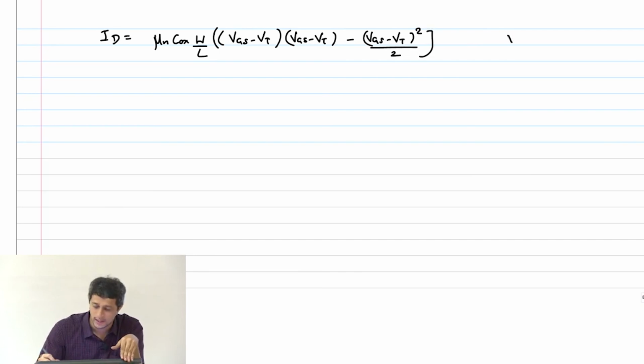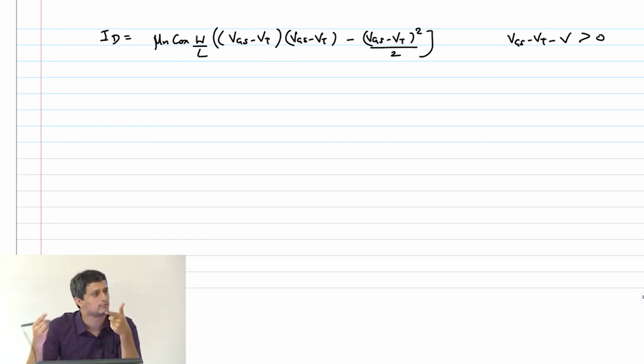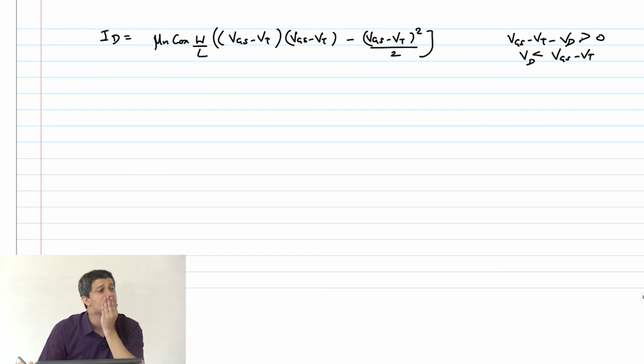Basically what I am saying is that VGS minus VT minus V should be greater than 0. Only then you can have an increase in charge at the drain end. It can happen only till V is less than VGS minus VT, or VD, sorry, VD is VDS actually. VDS is less than VGS minus VT.